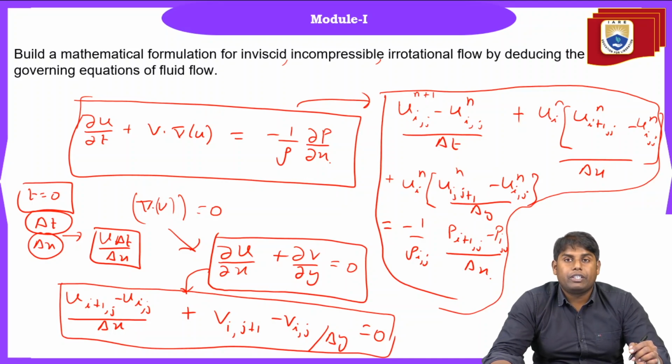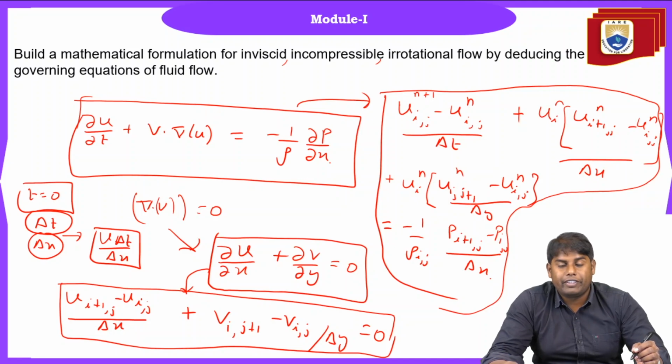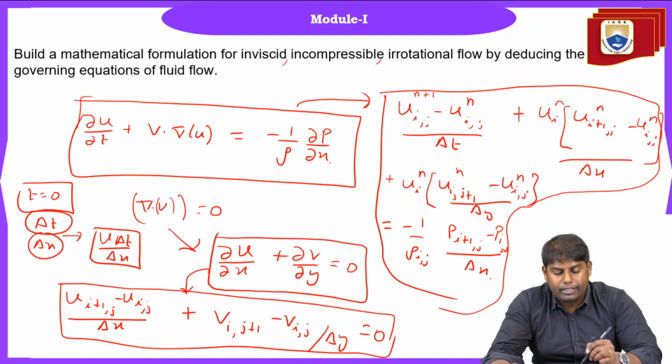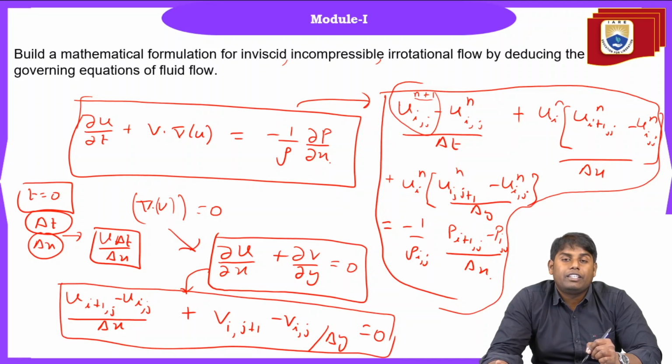Now this expression is built for the explicit scheme. As we discussed, in the explicit scheme there is only one unknown flow variable, where u of i comma j to the power of n plus 1 is the one unknown. The other variables, like u of i plus 1 to the power of n, whatever values have power n, are the initial variables or initial conditions.